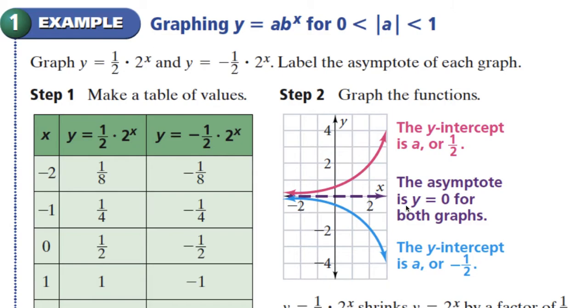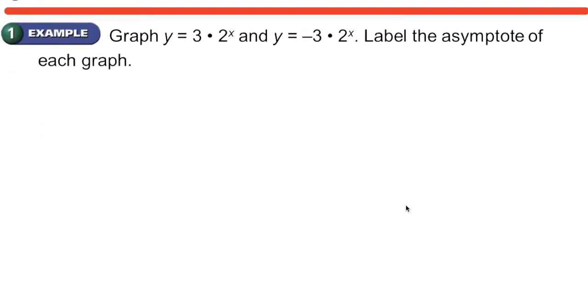All right, graph y equals 3 times 2 to the x, and y equals negative 3 times 2 to the x. Label the asymptote of each graph. We are going to go ahead and make our t-charts.